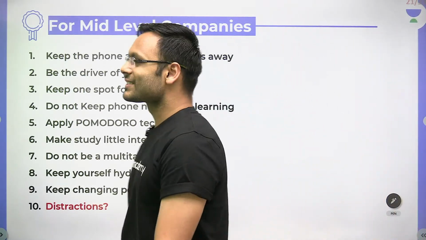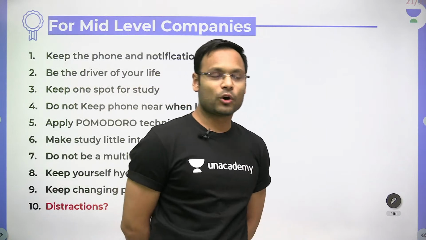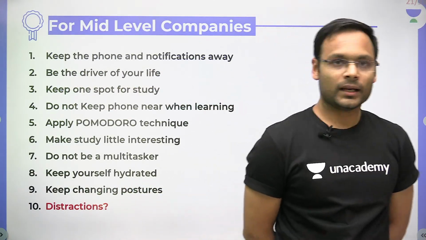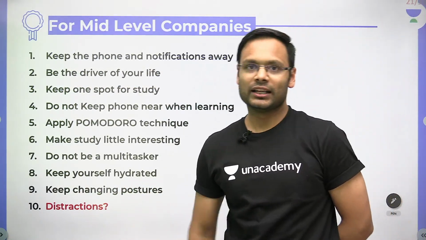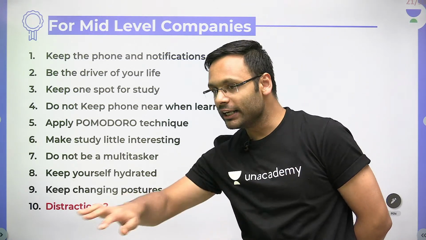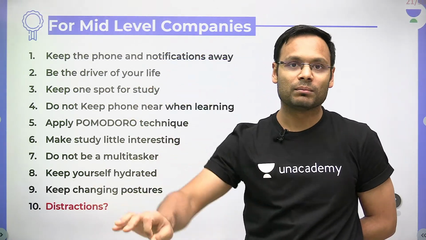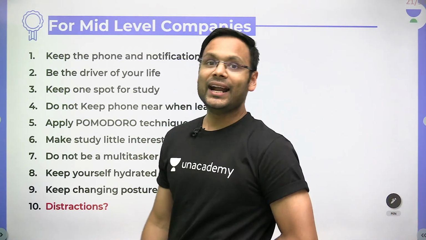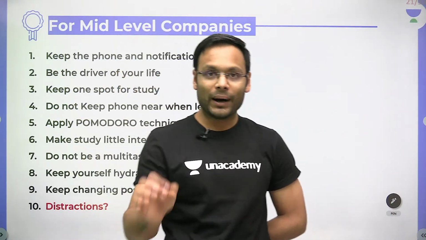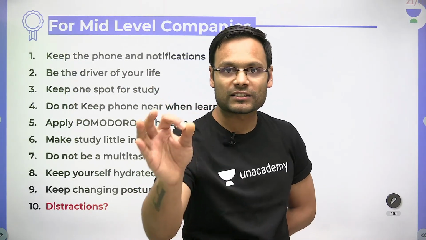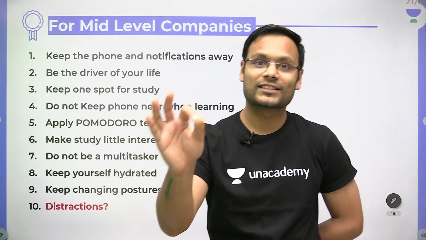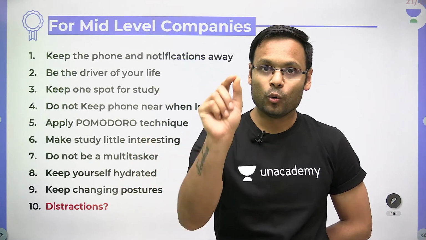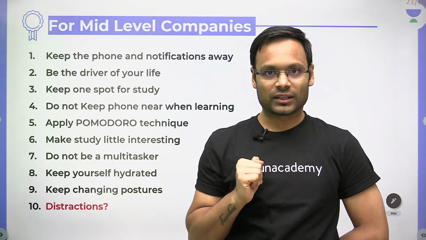Distractions happen because we want them. Everybody has distractions, even me, everybody, including Elon Musk, any successful person. Everybody has and had distractions. But the fellow who is more successful, I should say, is the one who can come back from the distraction.